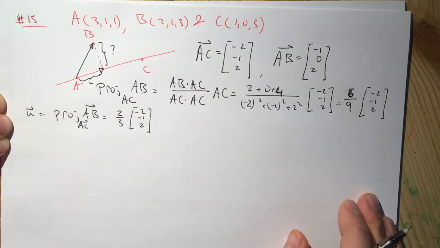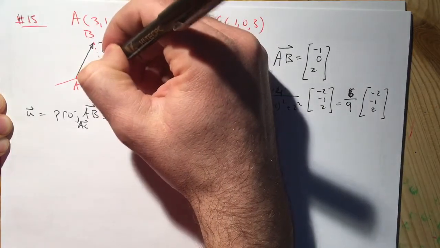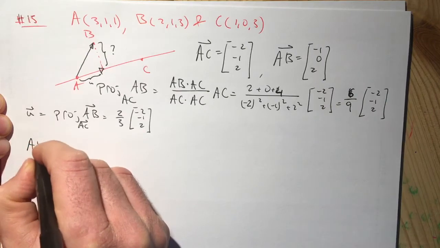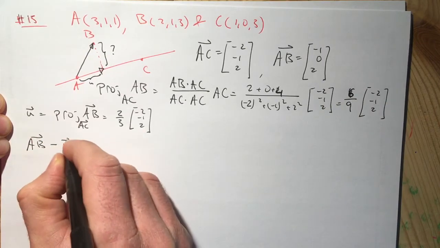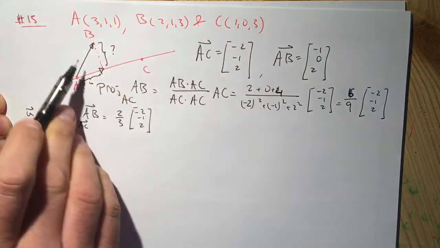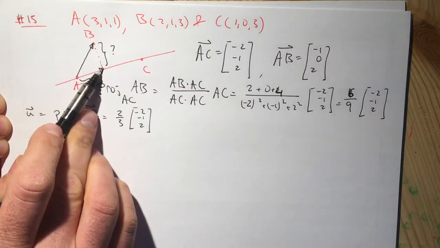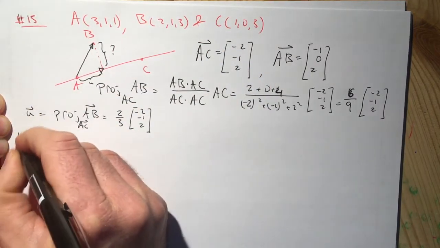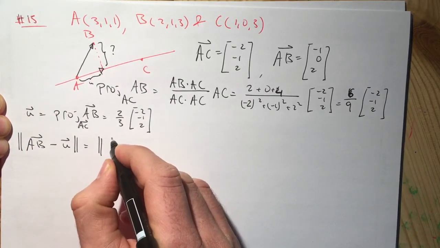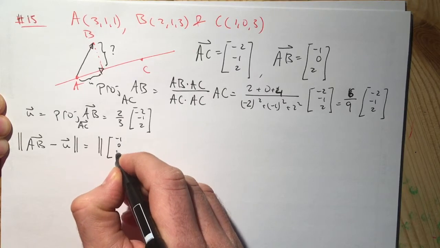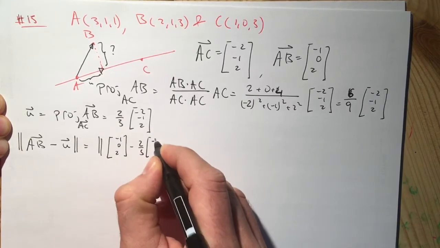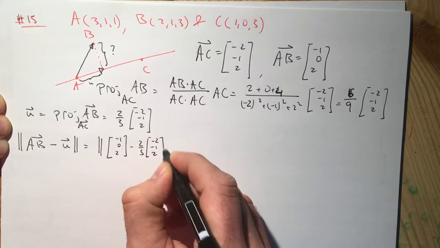Okay, so how much is this distance going to be? Well, if I find the difference AB minus U, I'll get this vector right here, and its magnitude is going to give me the length. So AB is the vector negative 1, 0, 2, minus 2 over 3, negative 2, negative 1, 2.